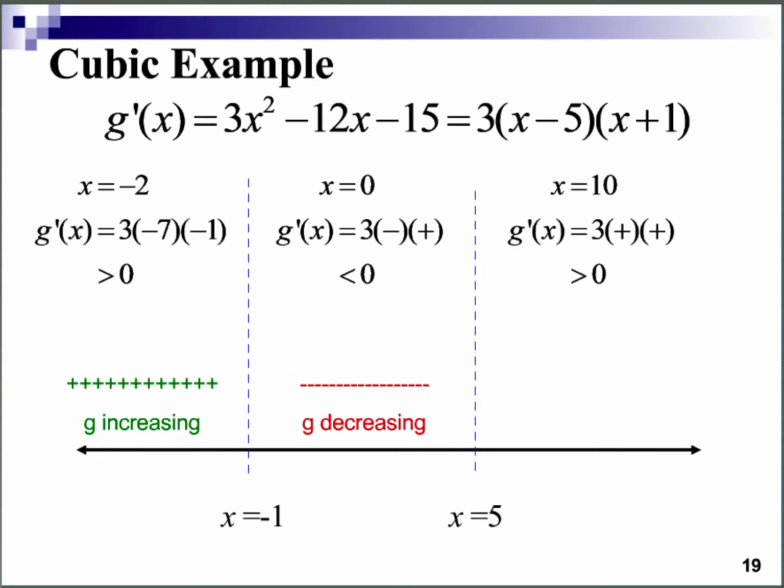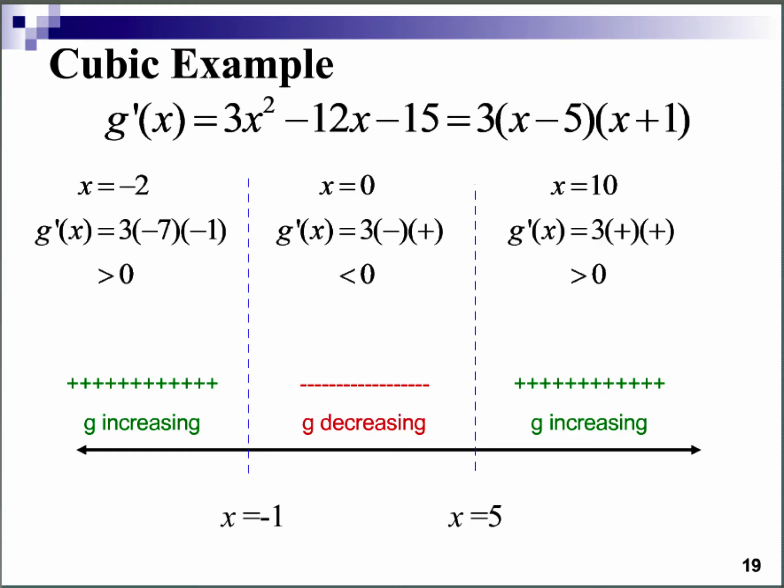I can pick x equals 10, for example, and when I plug 10 into the factored form of the derivative, I get 3 times, in the middle, 10 minus 5, which is a positive number, and on the end, 10 plus 1 is also positive. So 3, which is positive, times 2 more positive numbers gives you a result that is positive, and therefore in that final region on the right side, the function g is increasing.